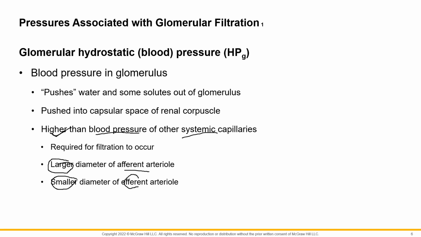So if there's a hose, which is the afferent arteriole, and you want to pressurize stuff going out, you just pinch the hose and stuff starts coming out with higher pressure. It's that sort of logic here. Larger diameter of afferent arteriole, it gets pinched as it's leaving, so that's how you get higher pressure.